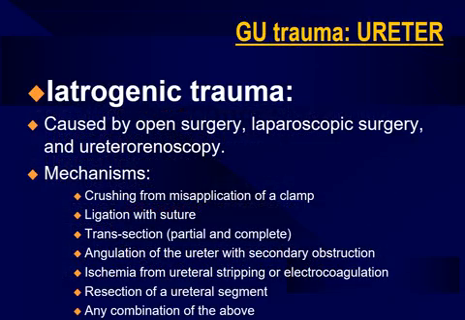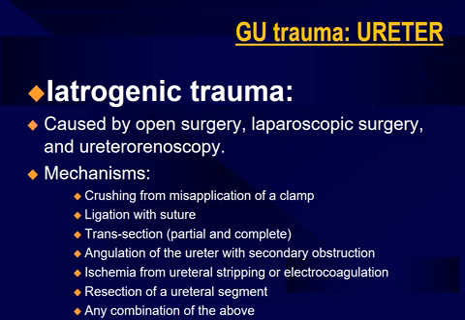Iatrogenic trauma is considered the most common cause of ureteral injury, and it can be caused by open surgery, laparoscopy, and or endoscopic procedures to take care of some problems within the ureter.